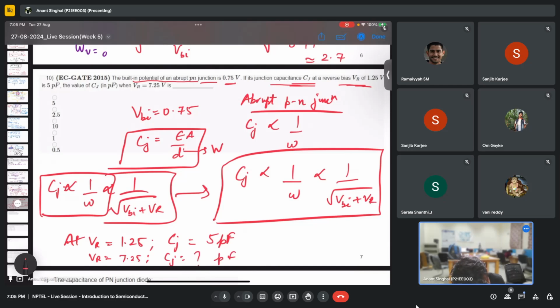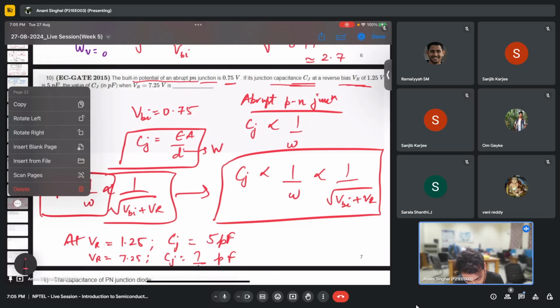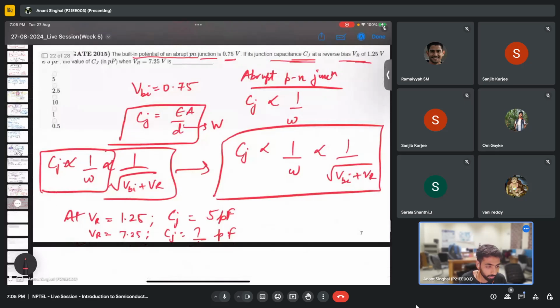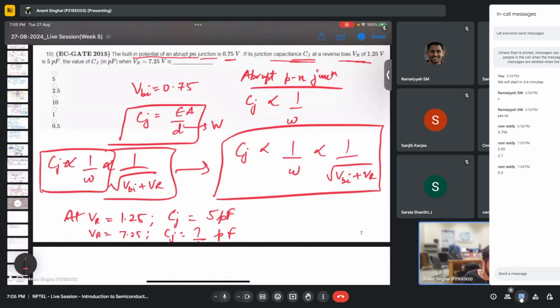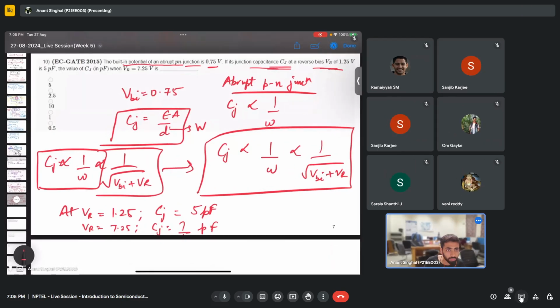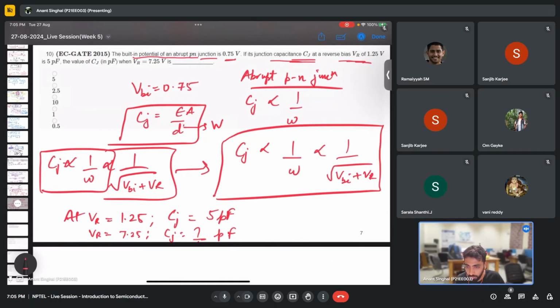This is what you need to calculate. It is quite straightforward. Maybe you can take 2-3 minutes and let me know the answer. All of you can try to solve it, and we'll solve it in 2-3 minutes.